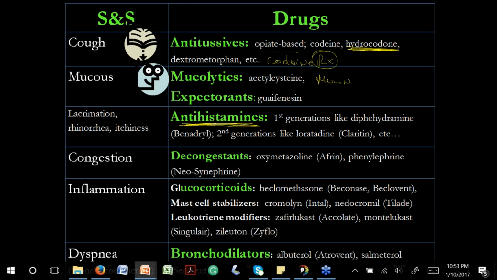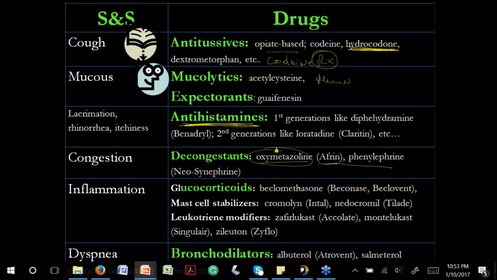Antihistamines are for everything that is itchy, sneezing, rhinorrhea, itchiness, lacrimation. Decongestants: we have oxymetazoline, that is Afrin, over the counter, and that is actually alpha-1. Phenylephrine, pseudoephedrine, those are for congestion. That is the decongestant.